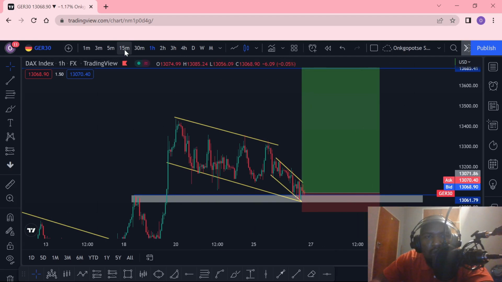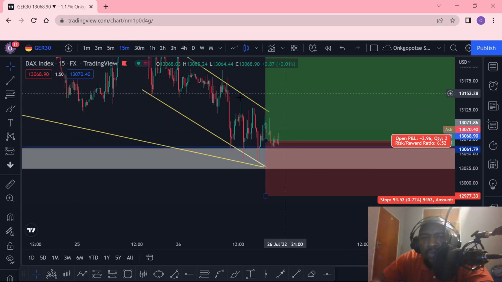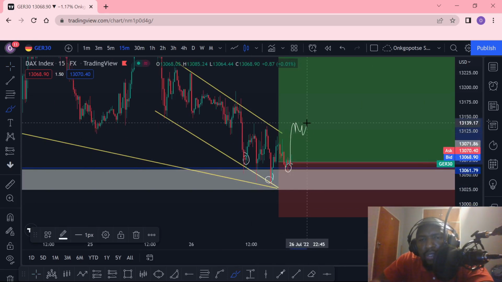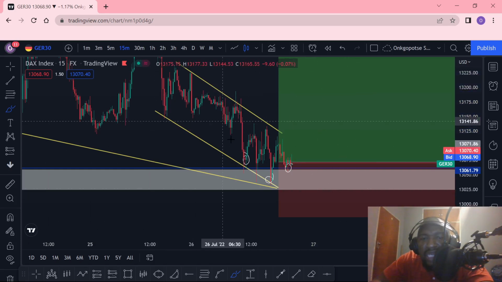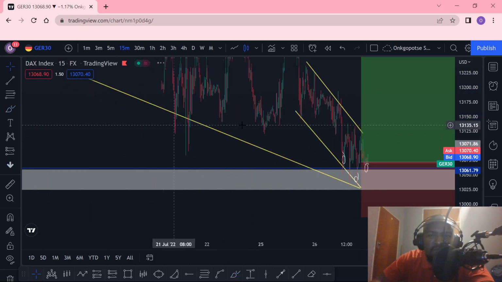So if you can open your eyes on this German 30, you will simply see that we have this beautiful inverse head and shoulders shaping up nicely to take upon the buys right here. So make sure, guys, that you cater and take upon this beautiful German 30.